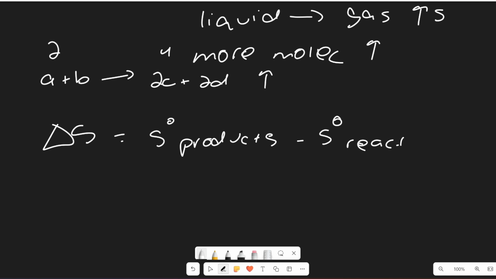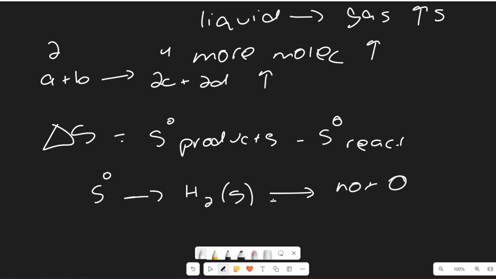And essentially the standard entropy of an uncombined element or a pure element, for example H2 or hydrogen gas, is not actually going to be 0 like it is for delta H. It's actually going to have its own value. So just keep in mind that these pure elements do have entropy values.